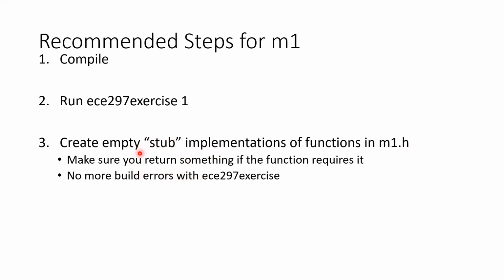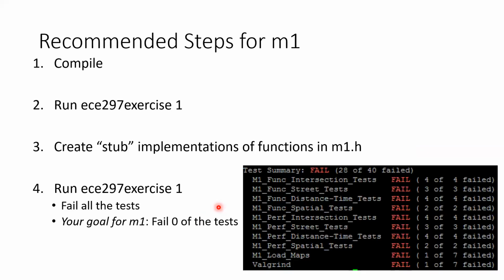So in this case, we're just creating empty functions and returning empty stuff to just pass the compiler. And if we run the tester executable again, you will be seeing this. The test summary saying all of the tests failed because we don't have anything implemented, but you will be able to see all of the tests being run by the tester. And your goal for M1 is to pass all of the tests here.